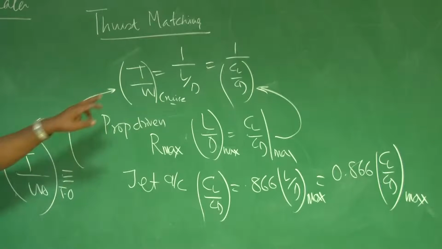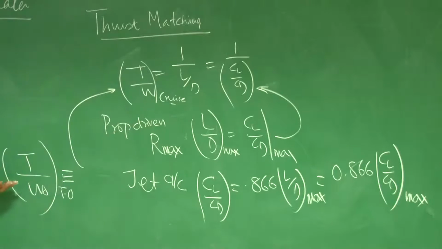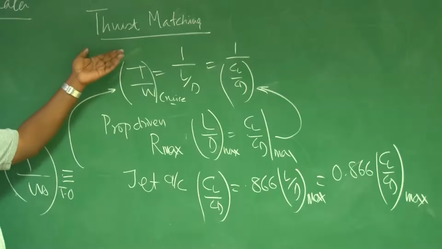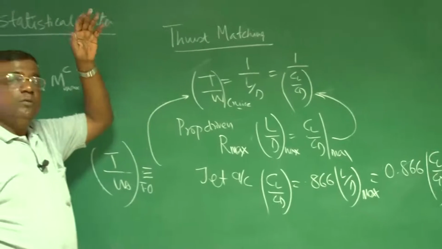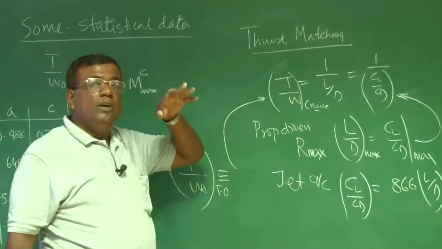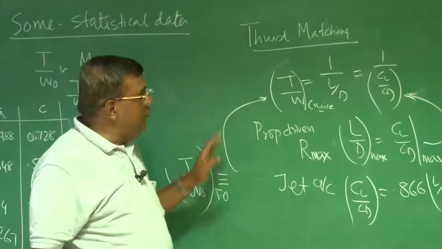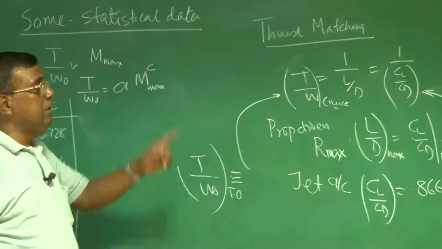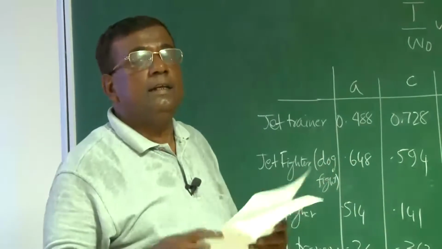The requirement for T by W cruise should be evaluated like this, and you should design that aircraft T by W not takeoff such that as it goes to that altitude, you know very well thrust is going to reduce. You correct the thrust for altitude, and for dynamic thrust, correct the weight because fuel is going to change, and ensure that after doing that, T by W cruise given by 1 by CL by CD is available. That is the designer's job.